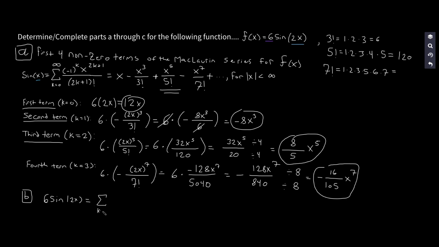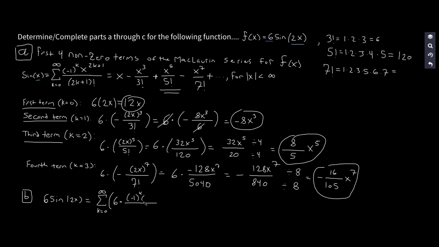And so we could write that as the summation from 0 to infinity of 6 times this function here within the summation, the original sine of x summation, except everywhere there's an x, we're going to put a 2x. So everything's literally going to be the same. It's going to be negative 1 raised to the power of k times 2x instead of x.